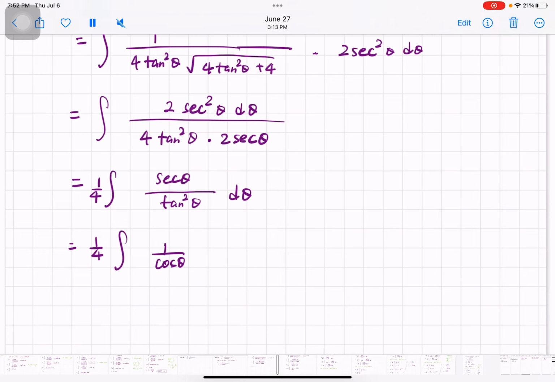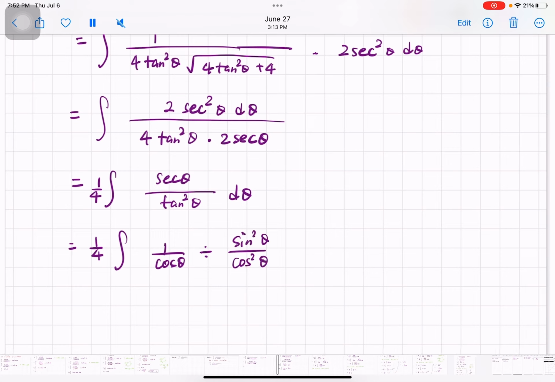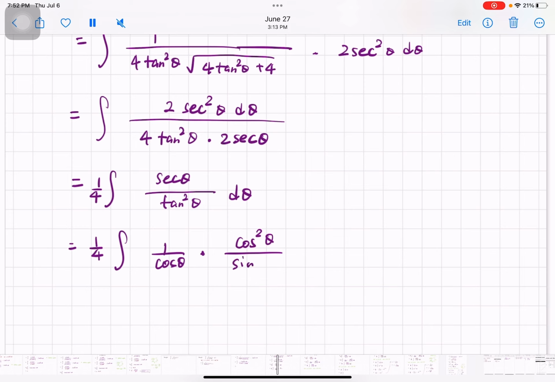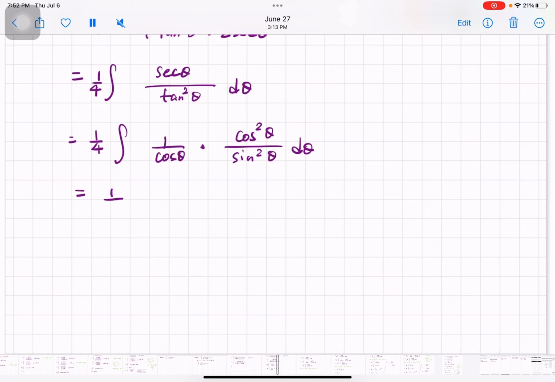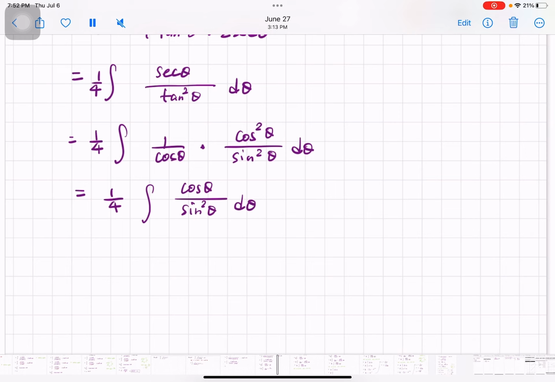Secant is 1 over cosine, and tangent is sine over cosine. Dividing by a fraction is the same as multiplying by the reciprocal. So we multiply cosine squared theta on the top over sine squared theta. Simplifying, we get cosine theta over sine squared theta.